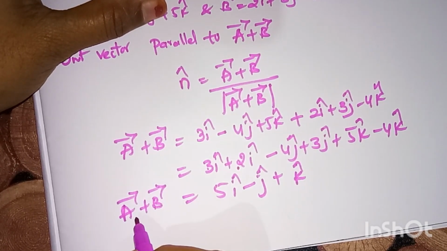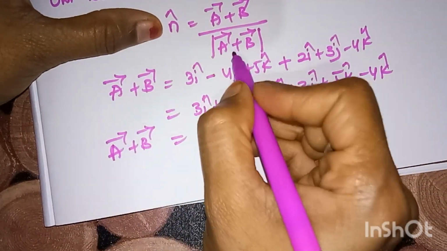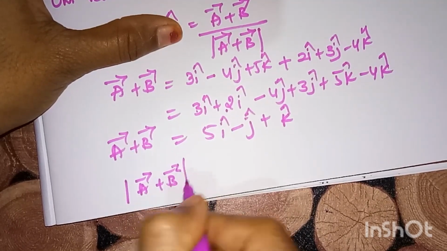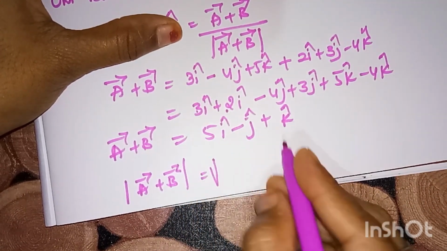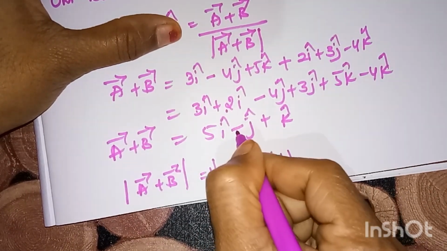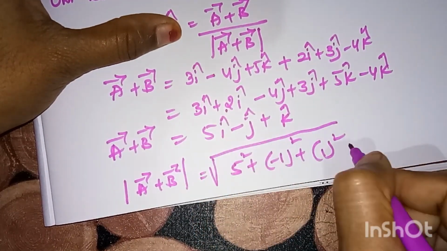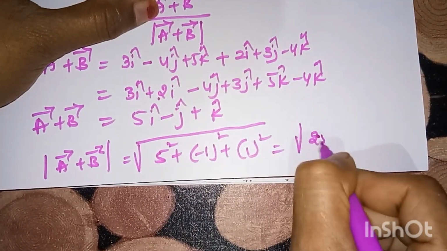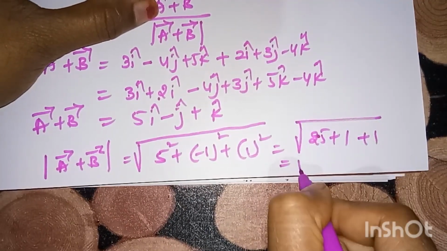With the help of this A bar plus B bar we are going to calculate the magnitude. The magnitude of A bar plus B bar is the square root of the sum of squares of the components of the x, y, z axes: 5 square plus minus 1 whole square plus 1 whole square. Under root, 5 square is 25, plus 1, plus 1, which is root 27.